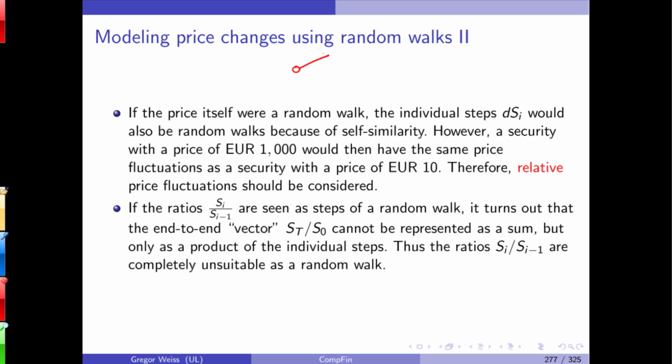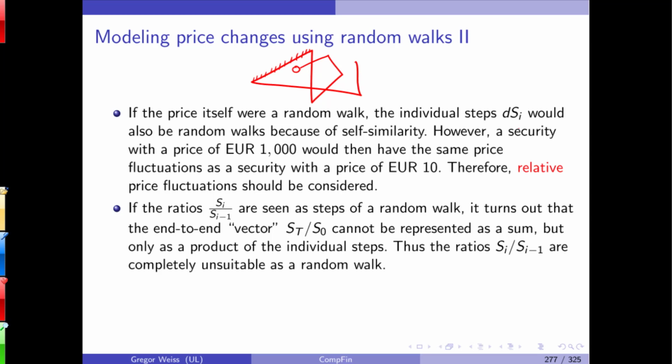If you start here and you have a random walk that looks like this, the random walk has a property that is called self-similarity, Selbstähnlichkeit, meaning that if you cut out one of these steps, let's take this one here, this step is also the end-to-end vector of a smaller random walk. In other words, the random walk perpetuates itself. If you take out one little step, it's again a random walk.